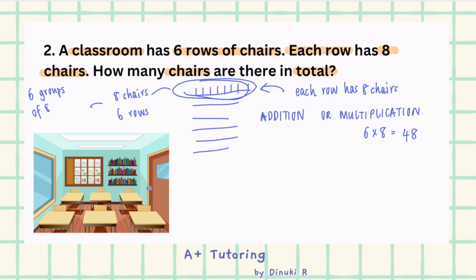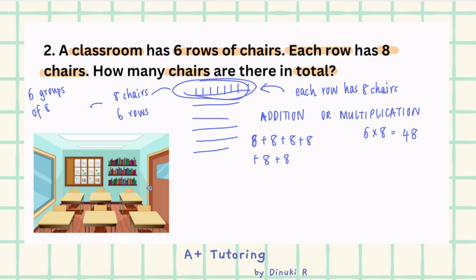But let's say you're not sure, you haven't learned your tables up to the 6 times just yet, or you're not too sure and you want to check your answer, you can do an addition. So you can think of this like 8 plus 8 plus 8 plus 8 plus 8 plus 8.